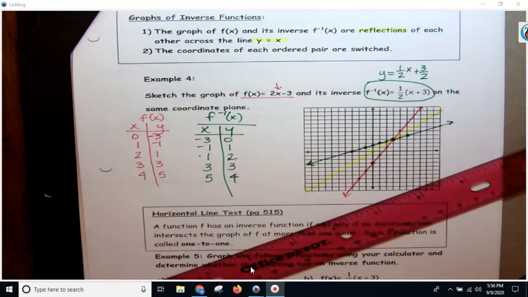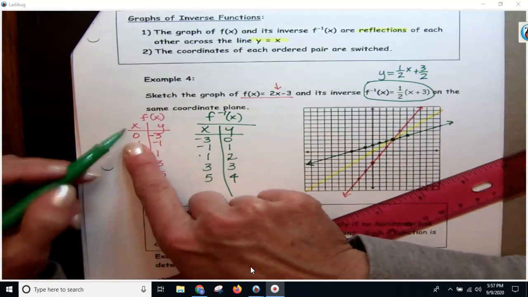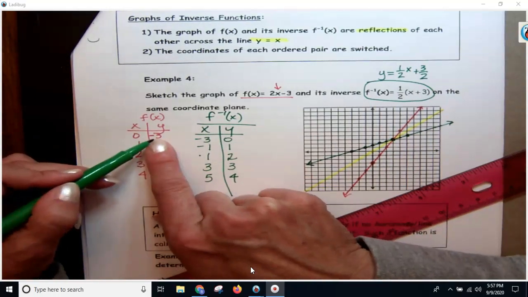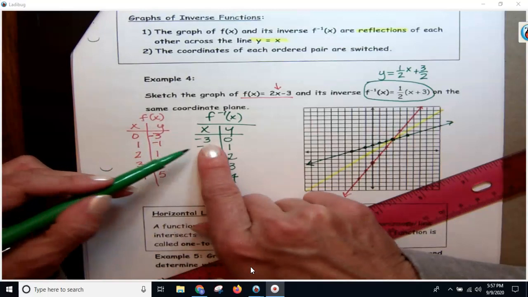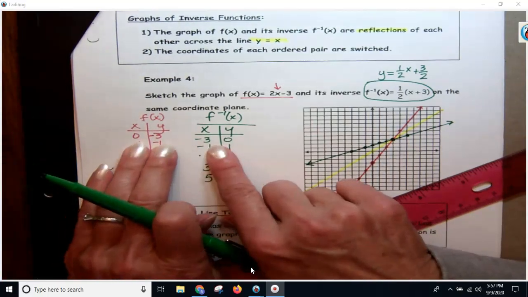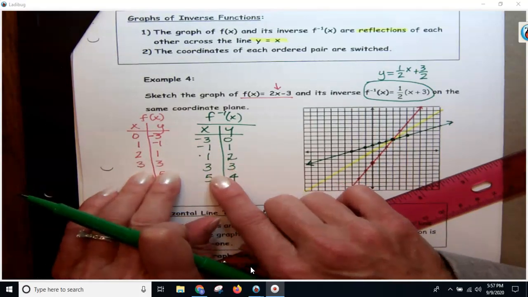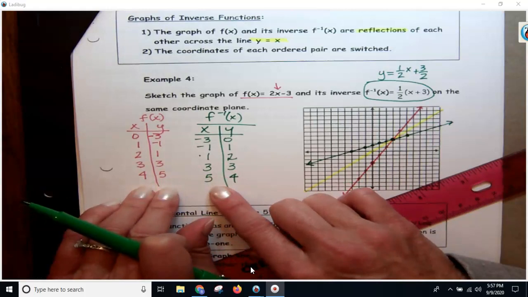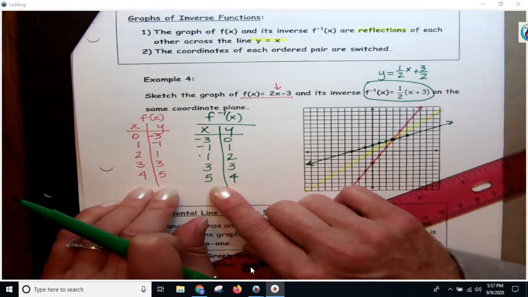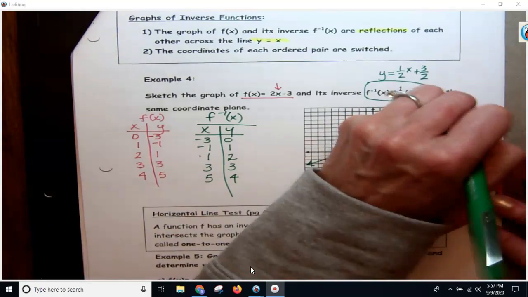And what you notice about these two tables is whatever x is, the y, that is flipped. Do you guys see that? So the x and the y's are flipped in every single point. Isn't that what we just did? In the other, we switched the x's and the y's. So that's really all we're doing, is just flipping the x's for the y's. And this creates your inverse.